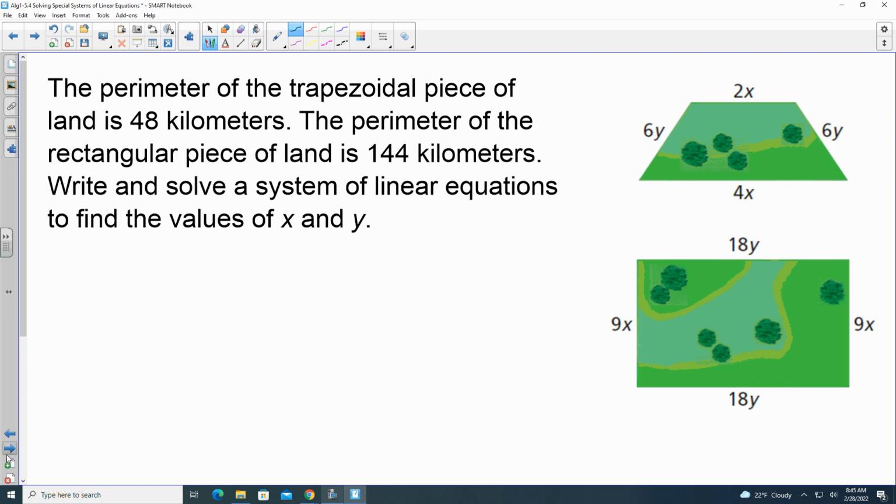In this particular problem, it says the perimeter of the trapezoidal piece of land is 48 kilometers. The perimeter of the rectangular piece of land is 144 kilometers. They're asking you to write and solve a system of linear equations to find the values of x and y.